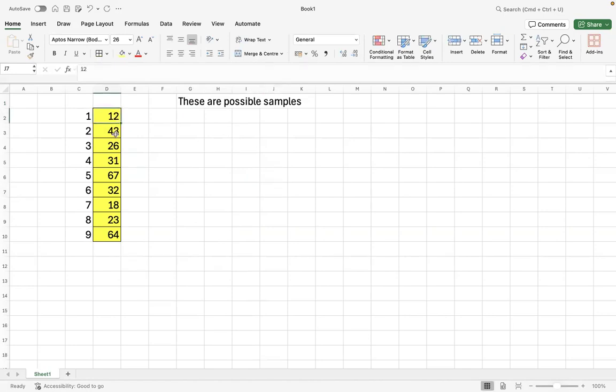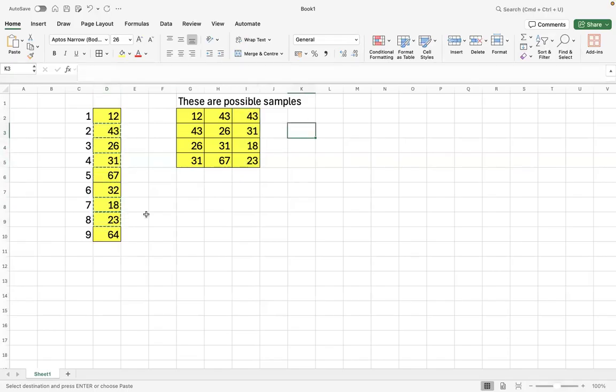So 4 samples. This is one of my samples. This is another one of my samples, right? And this would be another one of my samples. And this one would be another one of my samples, right? And this one would be another one of my samples. Very simple.